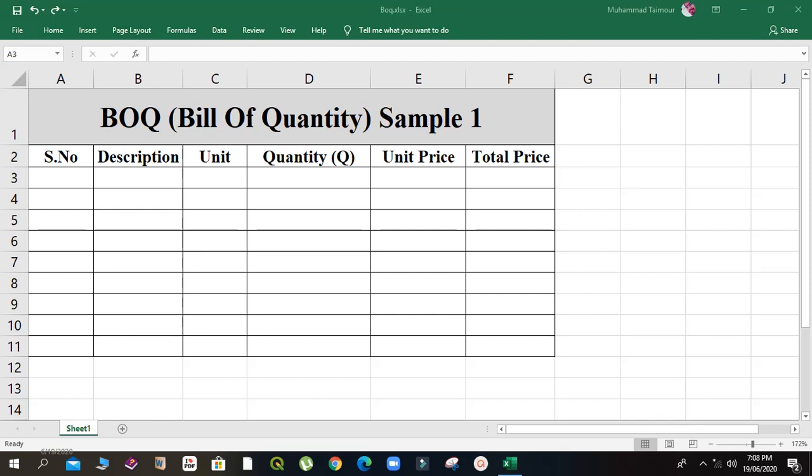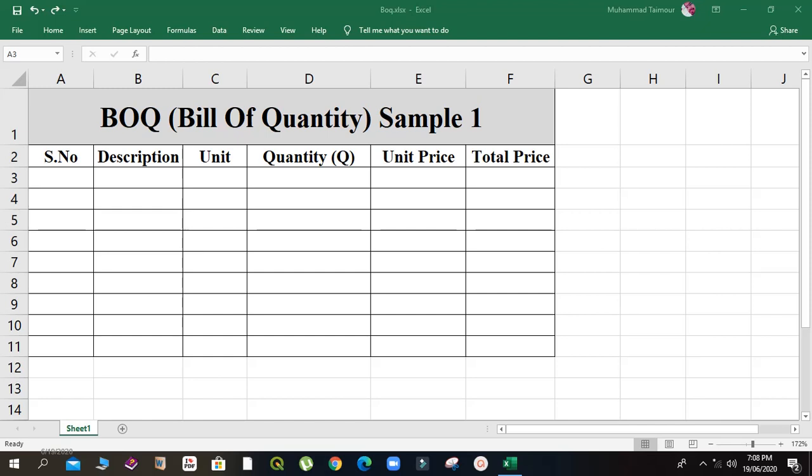So in this Excel sheet, the columns start from serial number, description, unit, quantity, unit price, and total price. In serial number we write 1, 2, 3. In description we write about the material or product.